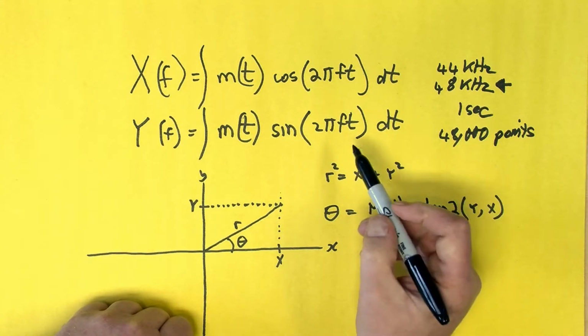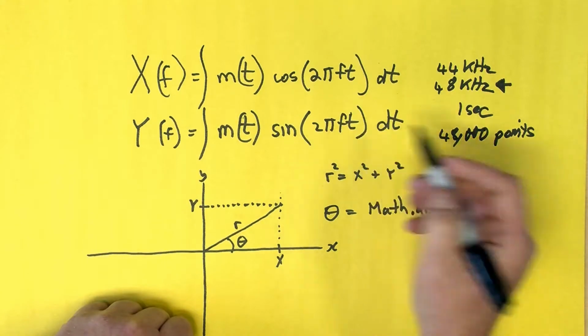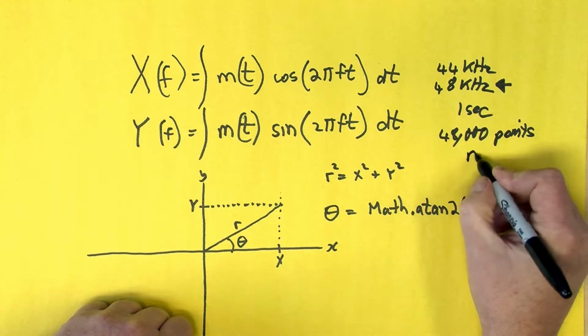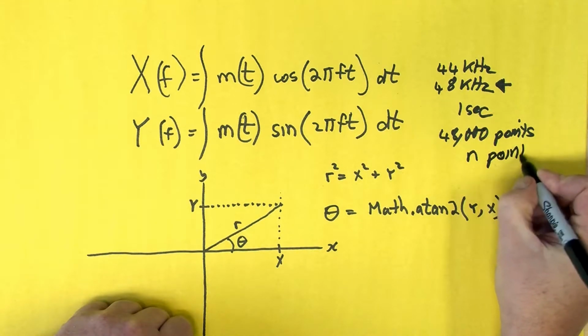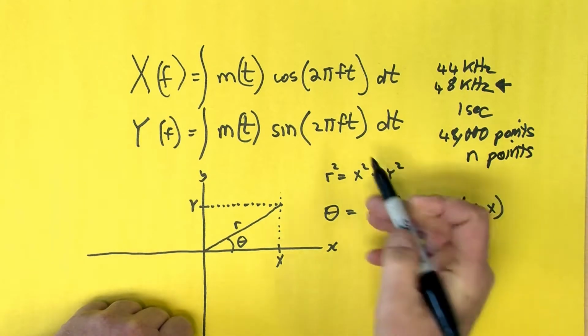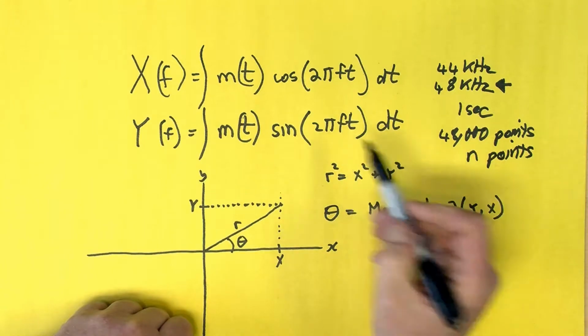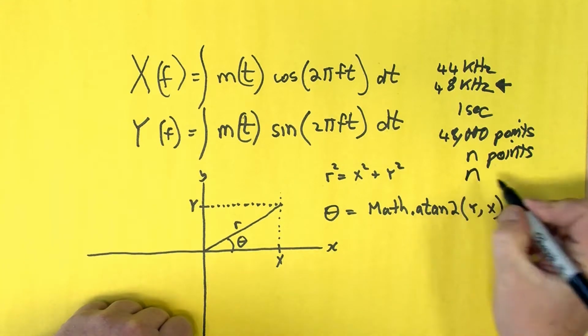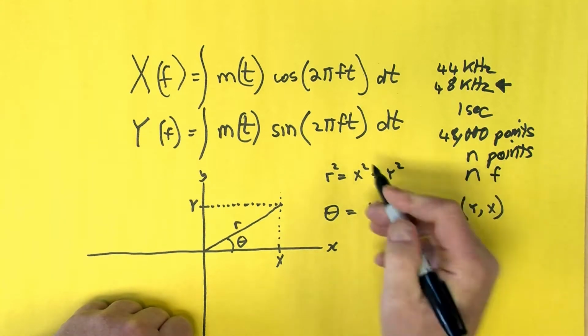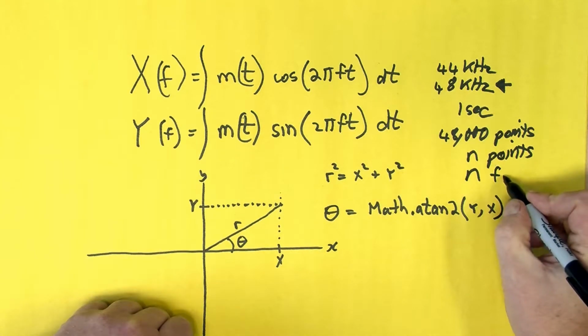Now, it also turns out that if we have n points, or n audio samples in time, we want to end up with n frequency bins, or values of f.